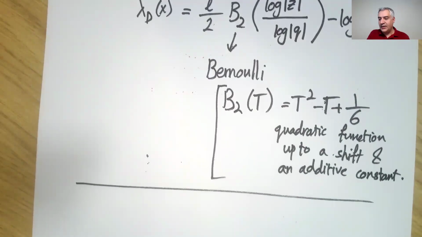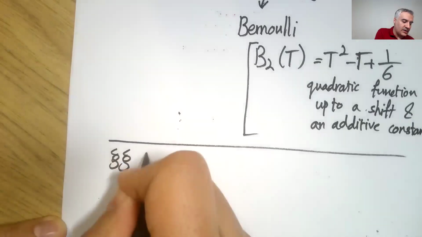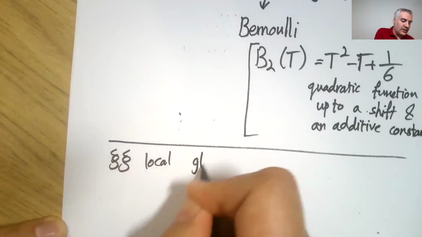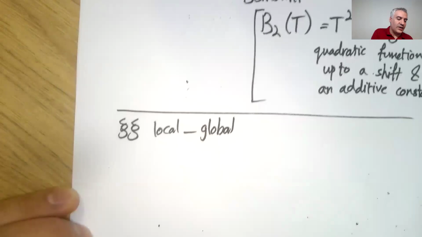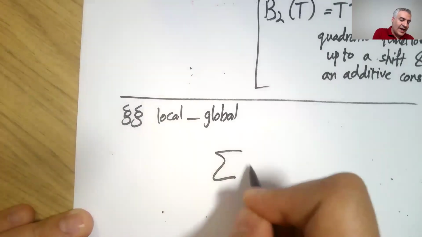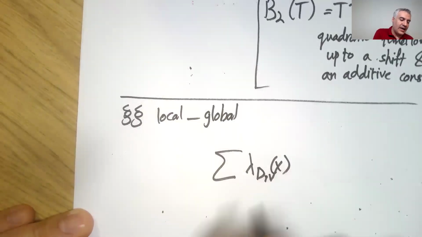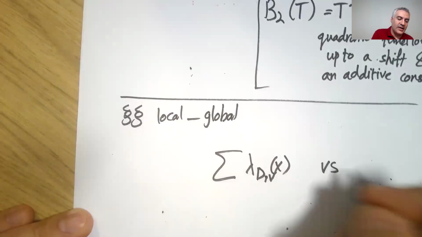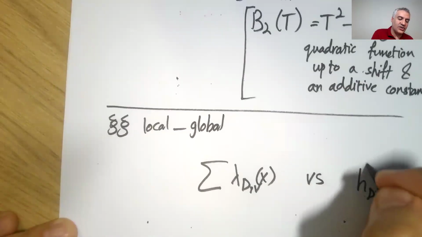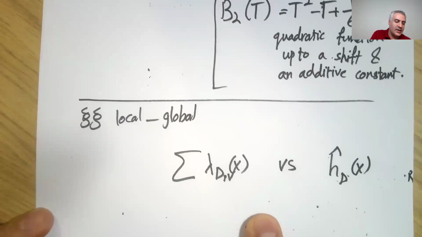And then maybe one last comment, I apologize, local, global. You can add our lambda x's and you get a height. And you can ask what is the relationship with Tate's height. There's a constant issue here.